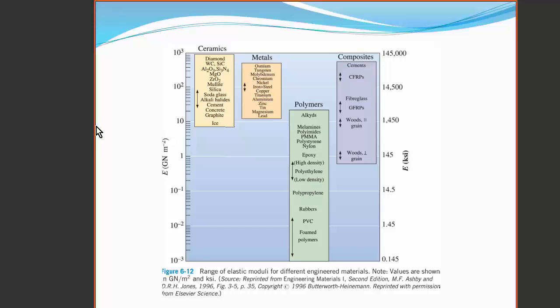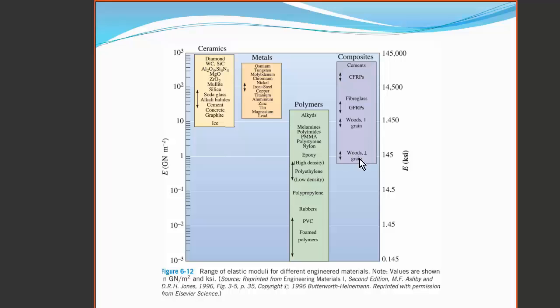This graph shows the elastic modulus of a material, shown here in gigapascals on the left and on the right in kilo pounds per square inch, or KSI. We see that polymers have low stiffness.